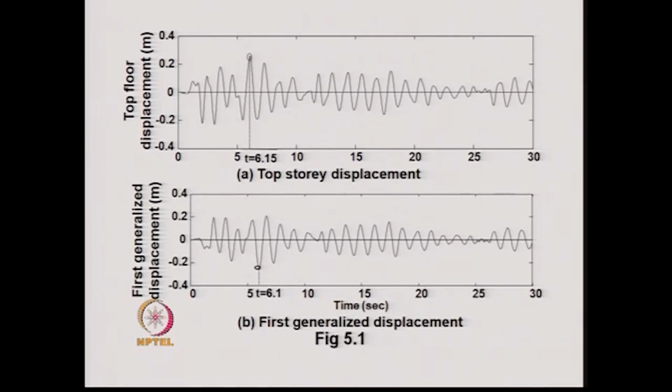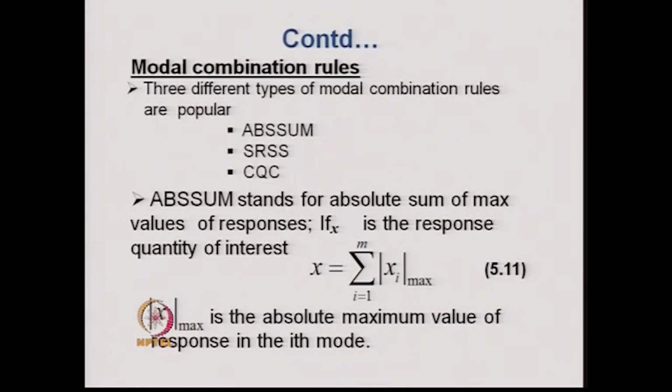The total response or displacement time history has a different kind of plot, where the maximum or peak displacement occurs at a different time. Thus, the summation that we have considered in equation 5.11 is an approximate one.